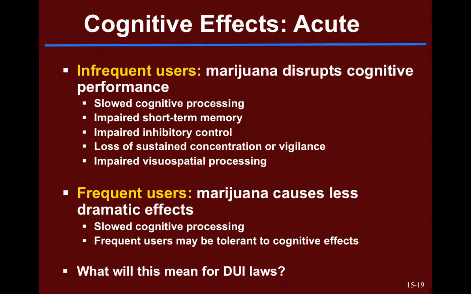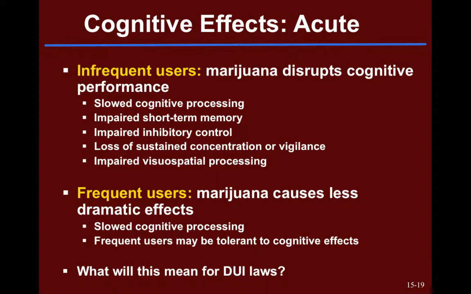When we start to look at cognitive effects, we're going to break this again into acute and chronic categories. So acute cognitive effects are going to vary between novice users and frequent users. So among infrequent users, people who are not exposed to the drug on a regular basis, we have been able to document that marijuana does disrupt cognitive processes.